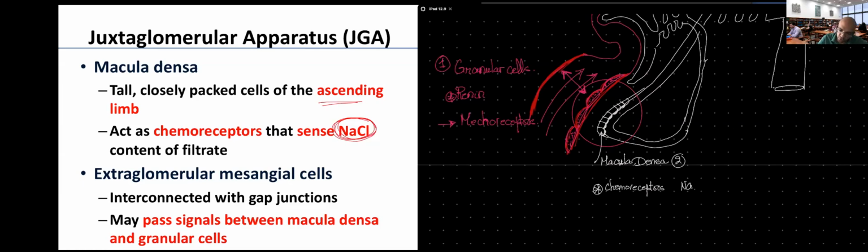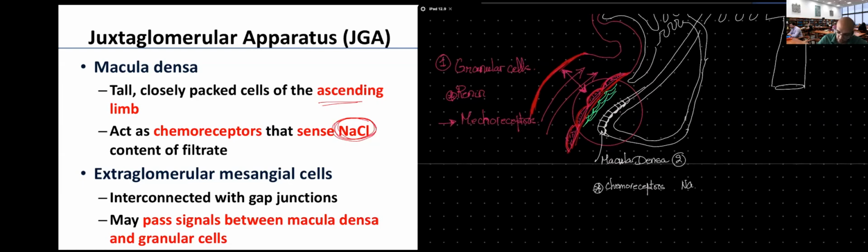A third type of cells that will share in the formation of the juxtaglomerular apparatus would be a cluster of cells that will be found between the granular cells and the macula densa. Those cells will serve as a channel of communication between the granular cells and the macula densa.